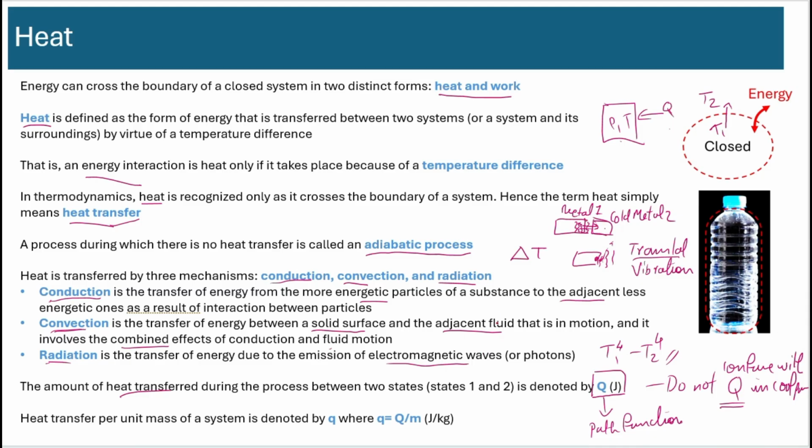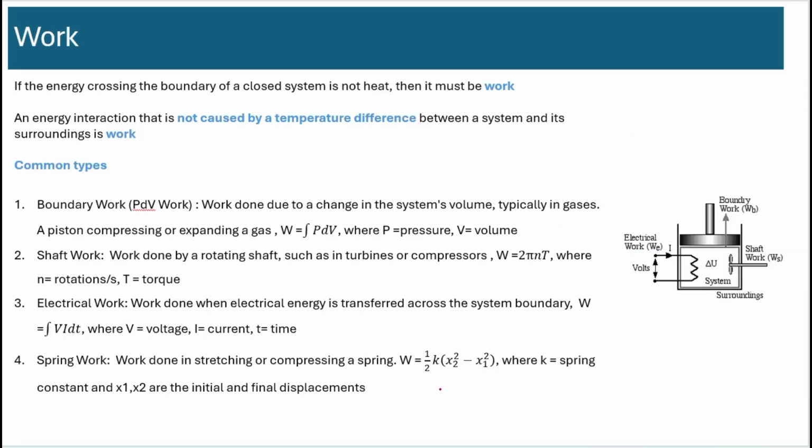It fully depends on the path that was taken. So it's a path function and not a property, so you cannot directly calculate Q as a property in CoolProp. And a small q is used to denote the specific value of the amount of heat transferred. It's joules per kilogram.